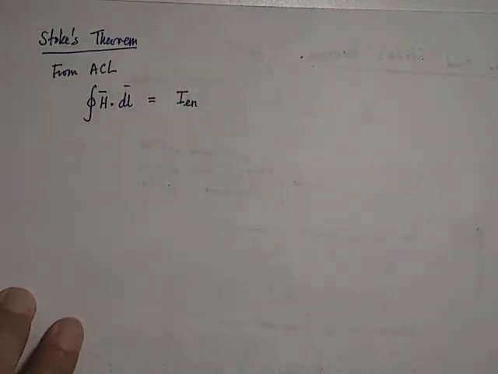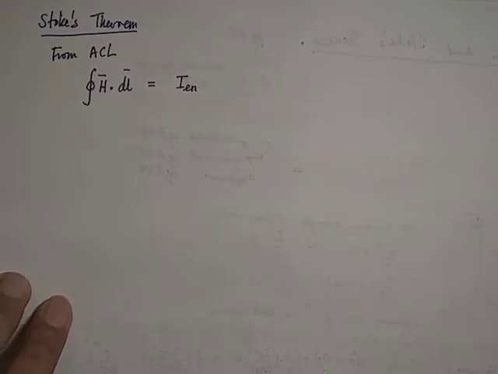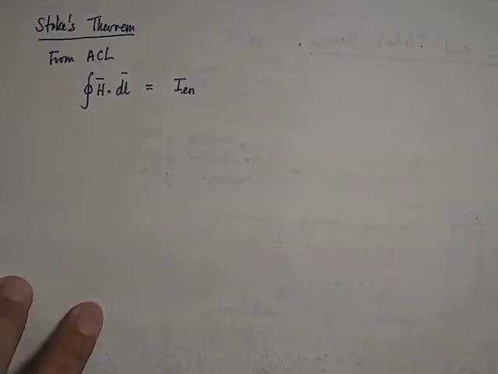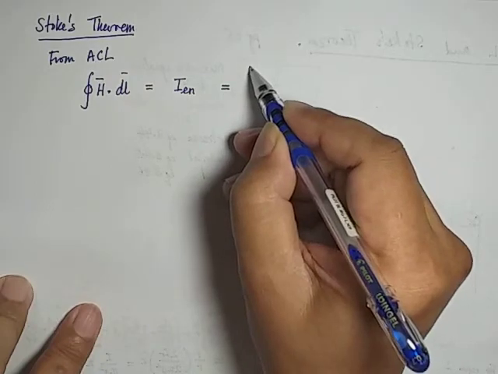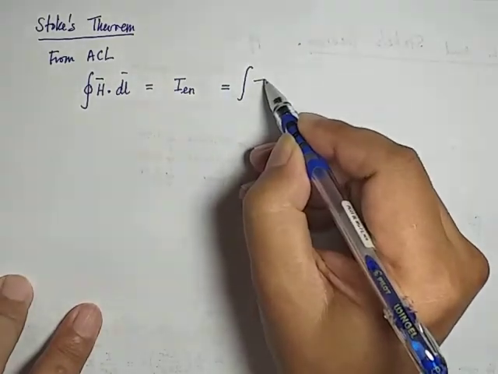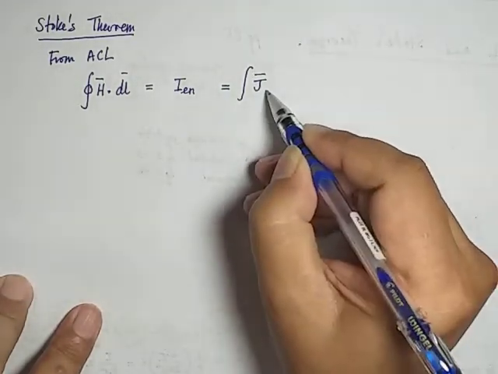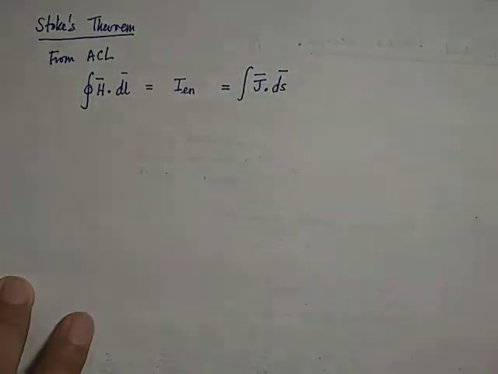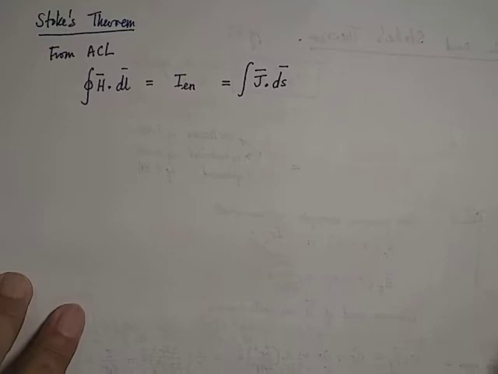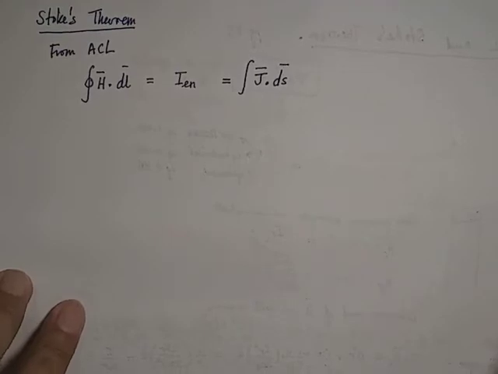Okay, and for the general case of current source, we assume the current is known as volume current. And for volume current, we can define it in more detail as current density J dot ds, the standard equation that we use to relate to volume current source.